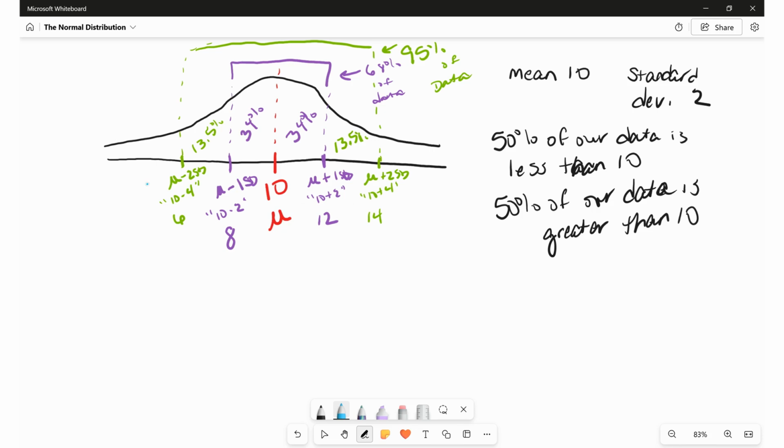All right. Now, finally, we have our mean minus 3 standard deviations and our mean plus 3 standard deviations, which is going to equate to a value of 4 and 16.